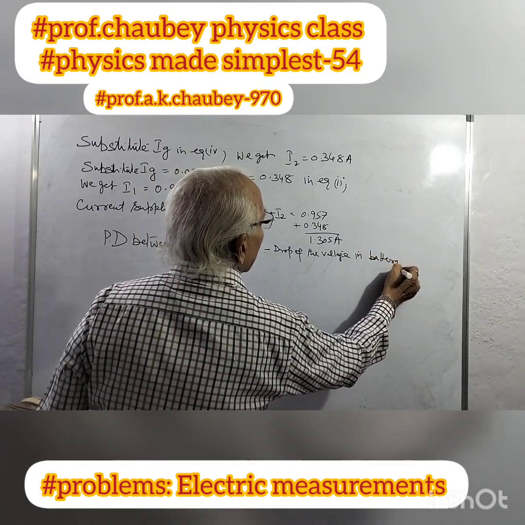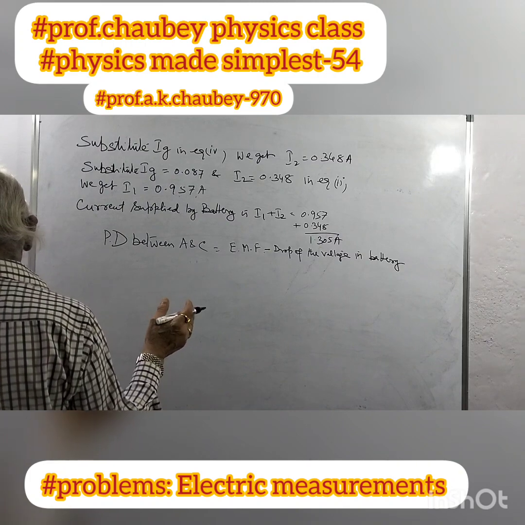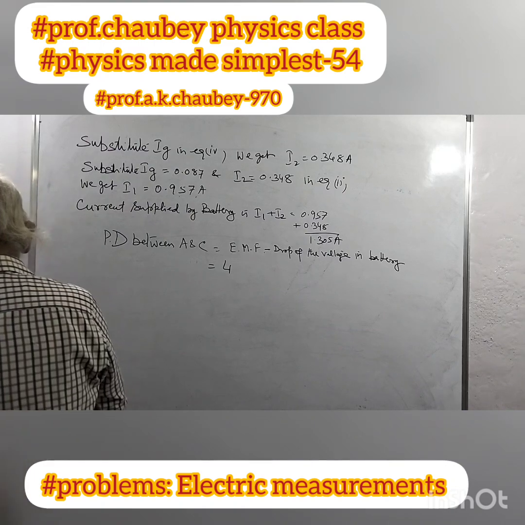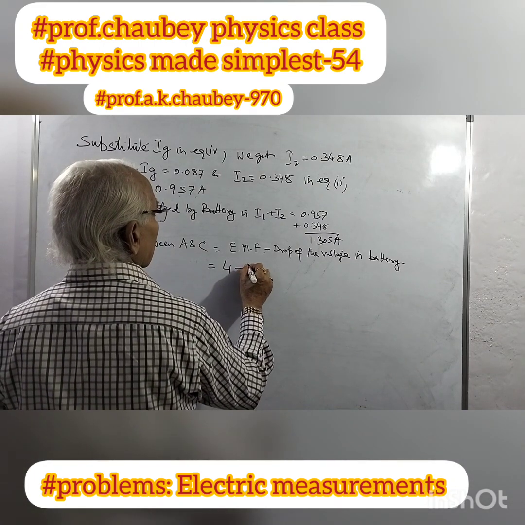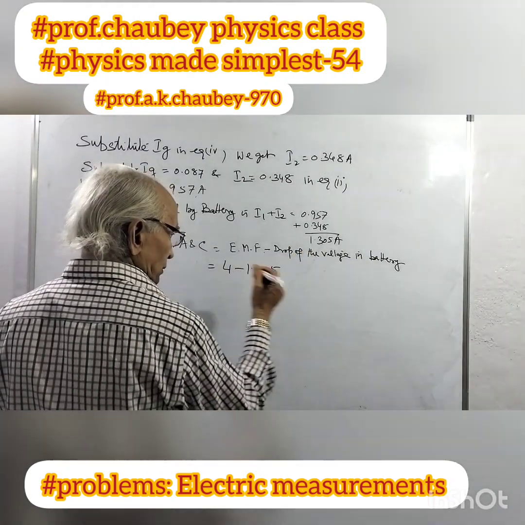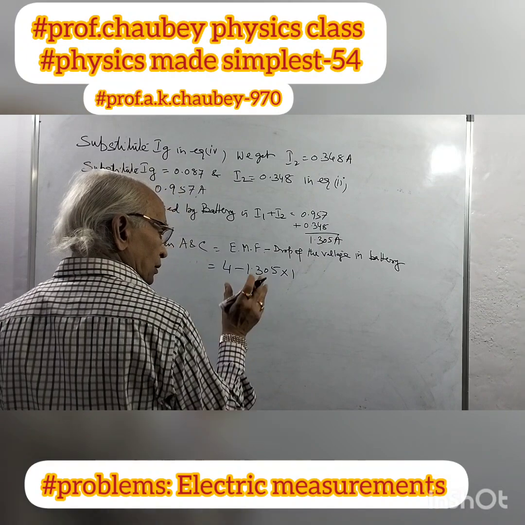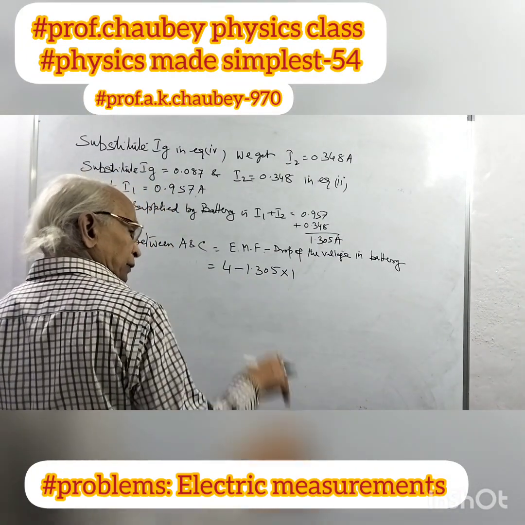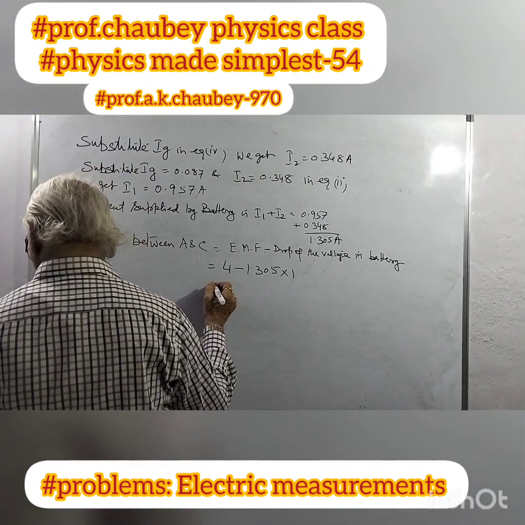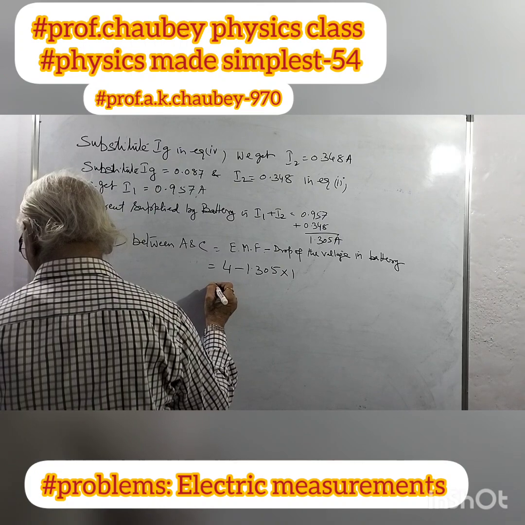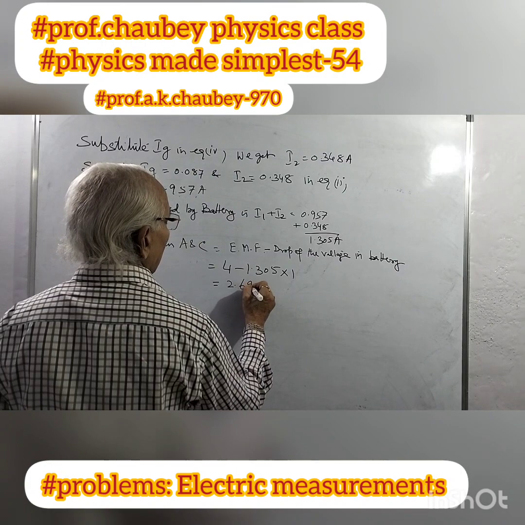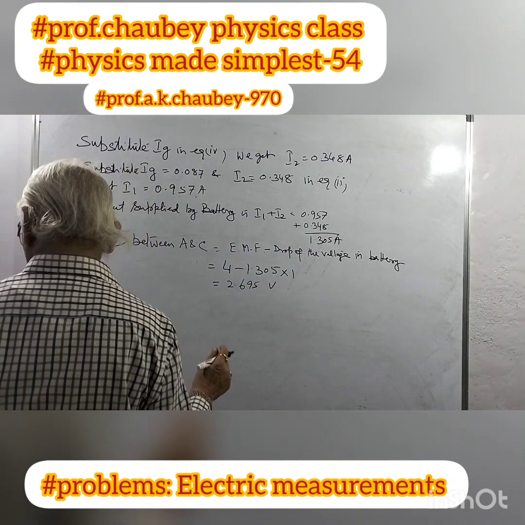That is our internal resistance, so the internal resistance will have some drop. So that will be the EMF applied, 4 volt, minus 1.305, because this is the current passing through it, and 1 ohm is the internal resistance. So that is the voltage drop in the battery because it has internal resistance. So that becomes 2.695 volt, which is the PD.